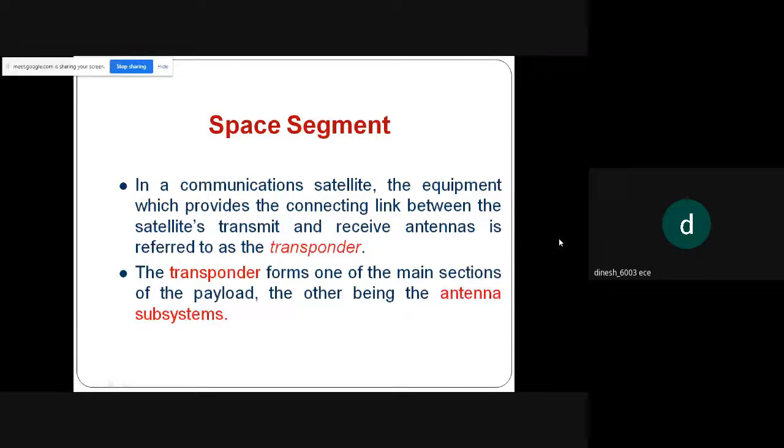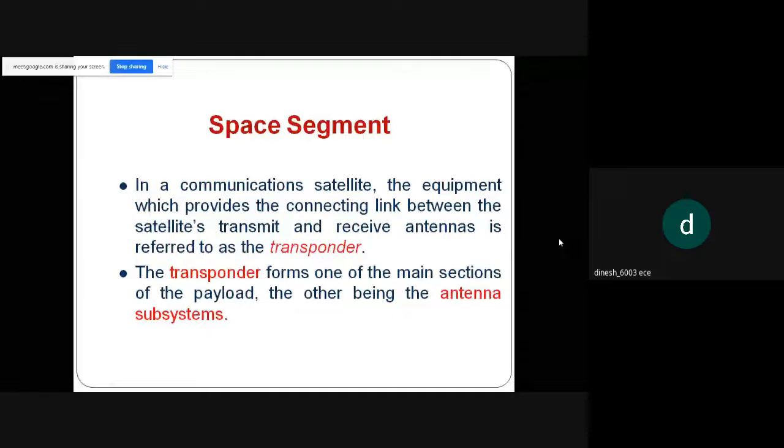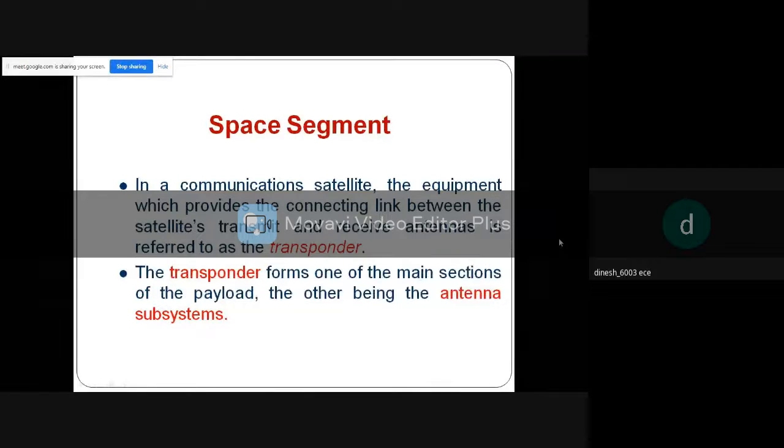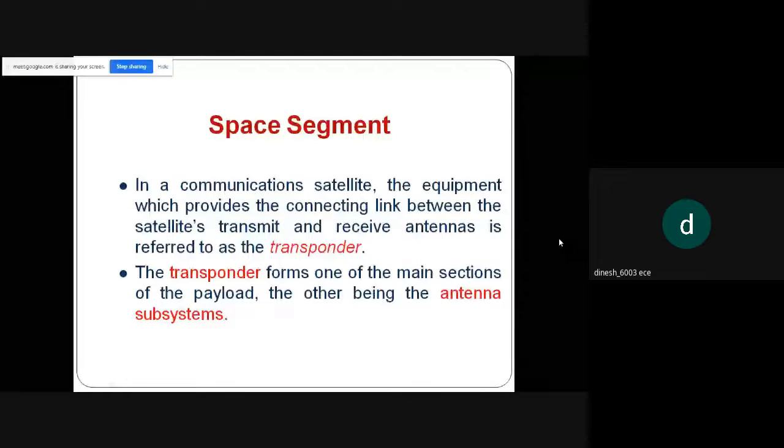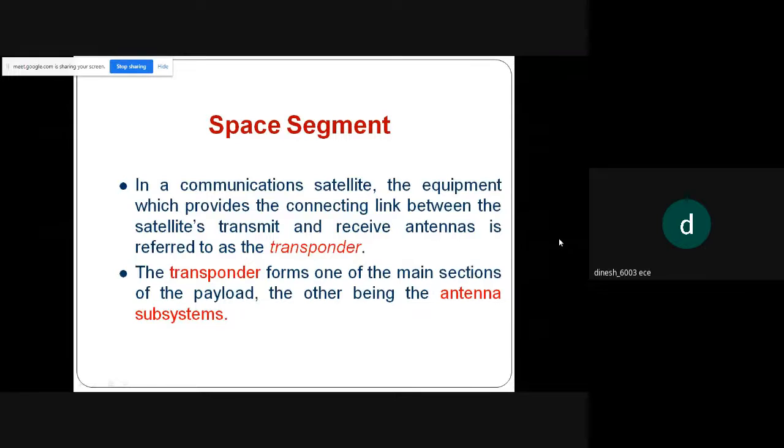So acquiring signals from the earth station through uplink, amplifying, repeating, and sending to receiving antennas in the receiver earth station is the major function of this transponder. This transponder is one of the main sections of the payload, as it acts as the communicating link and the connecting link.